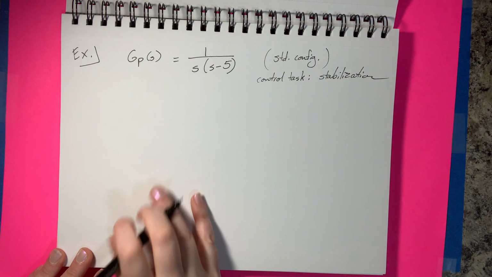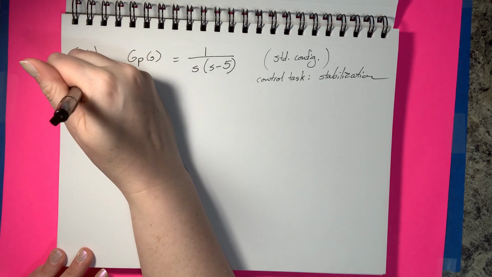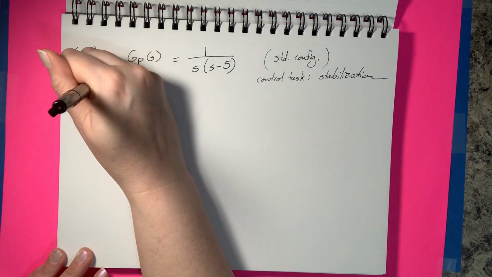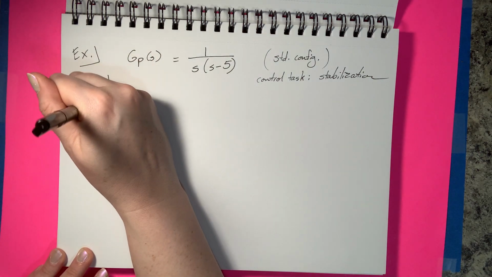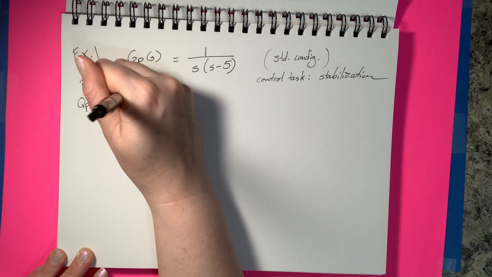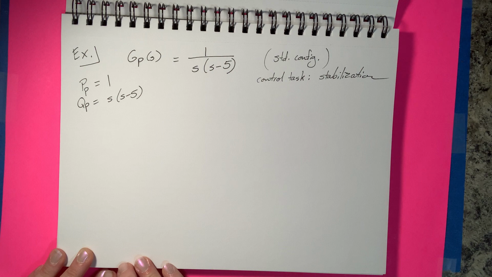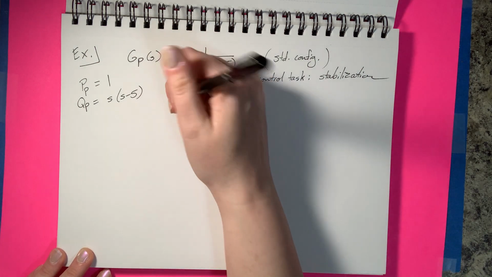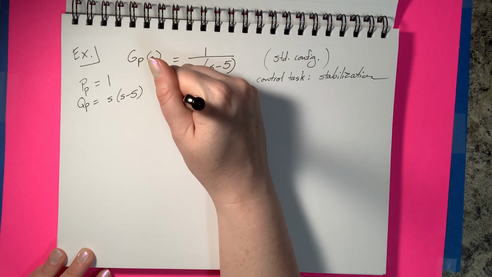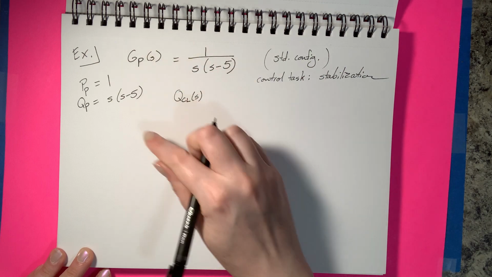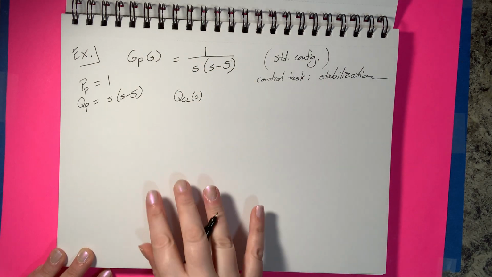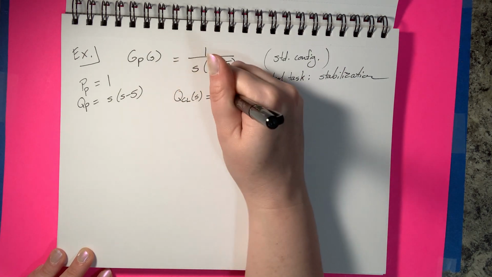Okay, first thing again we're going to do, P sub P is 1, Q sub P is the S times S minus 5. We just pick those out and write them out so they're handy. You might want to choose to write Qcl here at the top, and that way you can keep referring to it if you continue to have space on your paper.